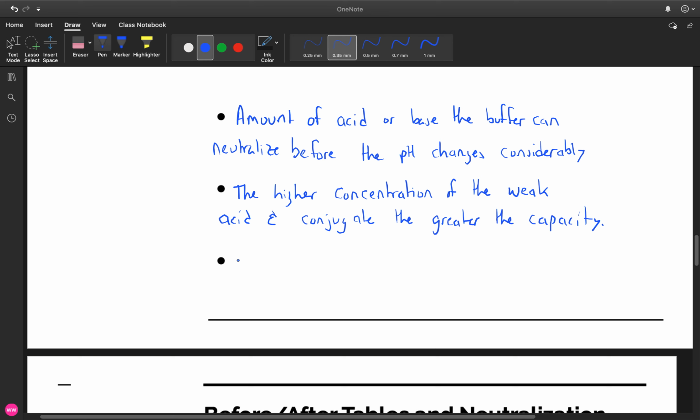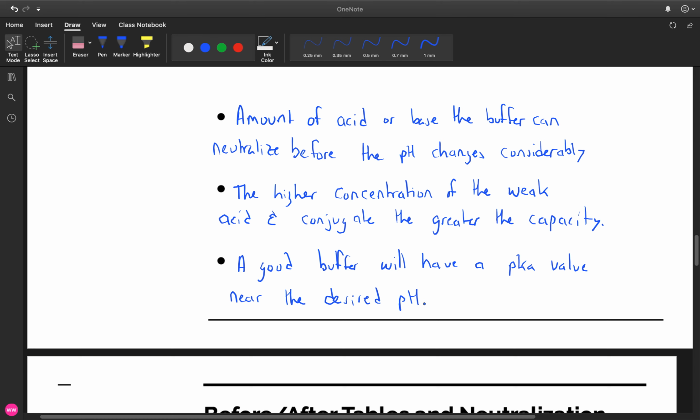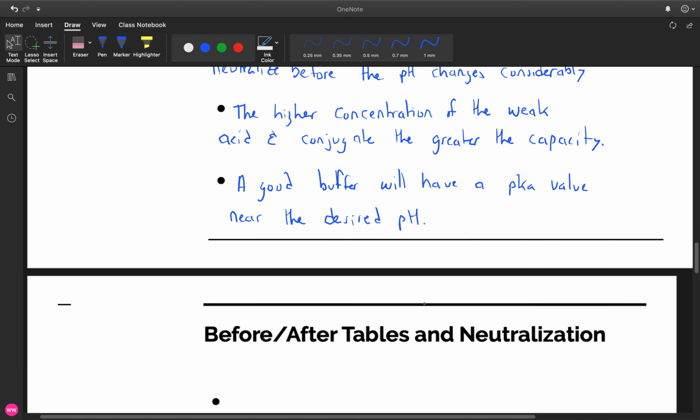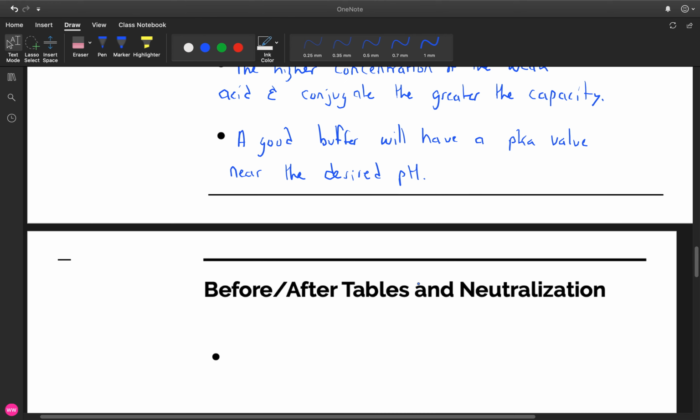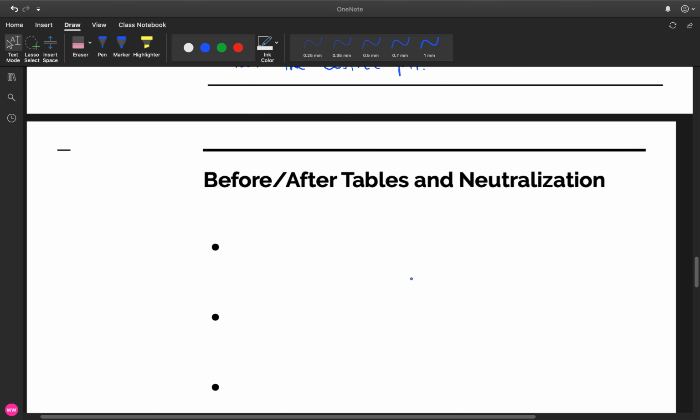So the way we identify this is that a good buffer will have a pKa value near the desired pH. So the closer the negative log of the Ka value is to the desired pH, the more likely that will be an appropriate buffer solution to use.